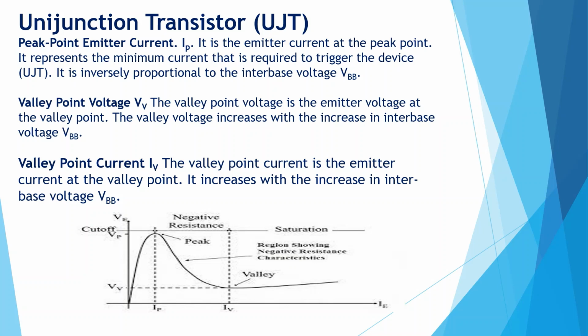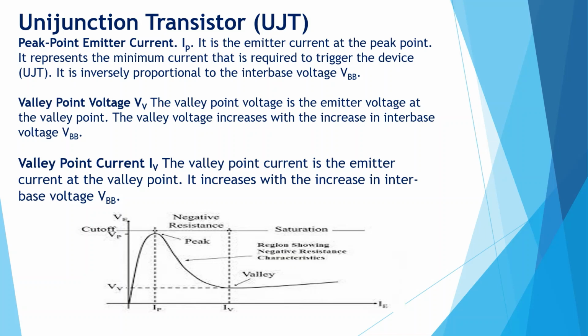Now there will be a point where the voltage VE keeps on decreasing, and it reaches a minimum value which is called VV, the valley voltage.